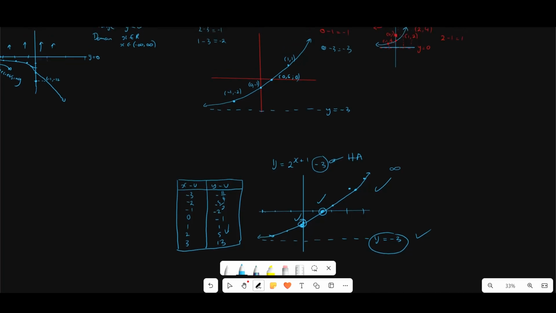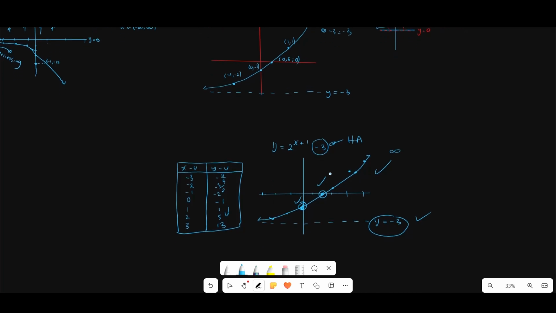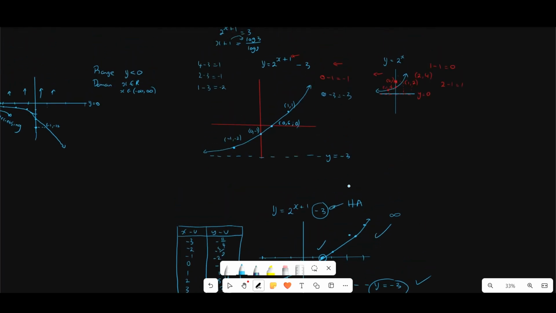So make sure that you have everything on the graph, especially both your intercepts and your asymptote, and then you'll get your mark for the shape of the graph. I hope that makes sense.